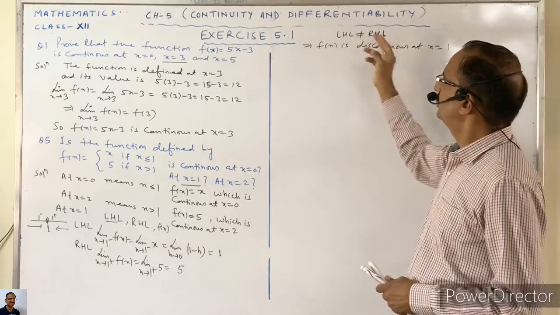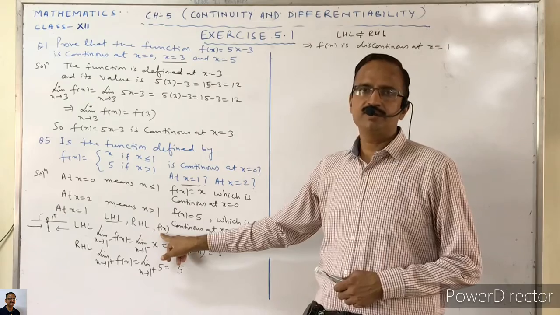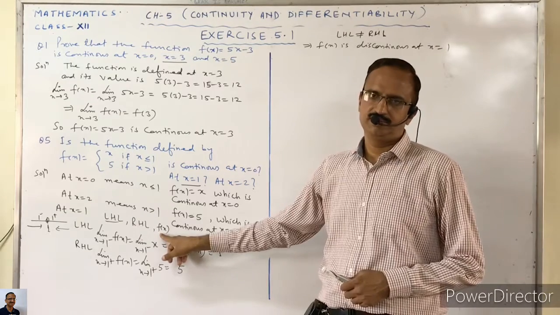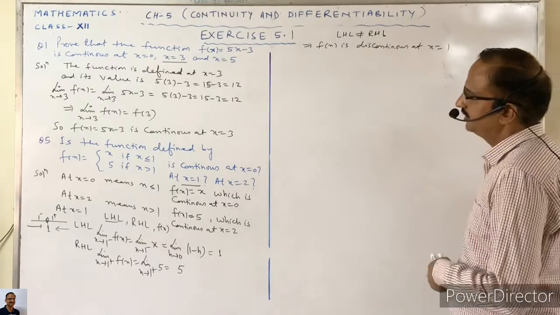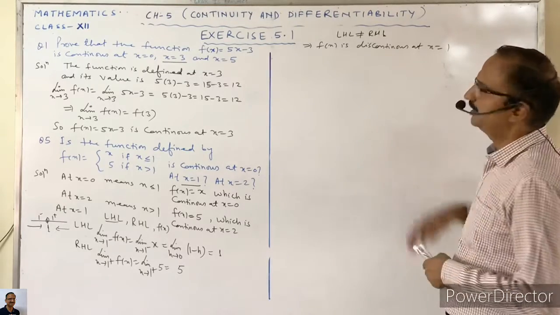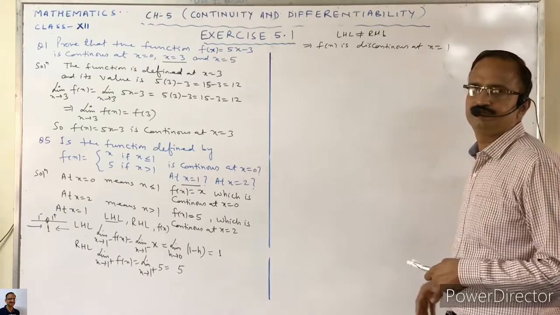When these two are not equal, no need to find the value of the function at the point. So directly we can say that for this function, the point of discontinuity is x equals 1.